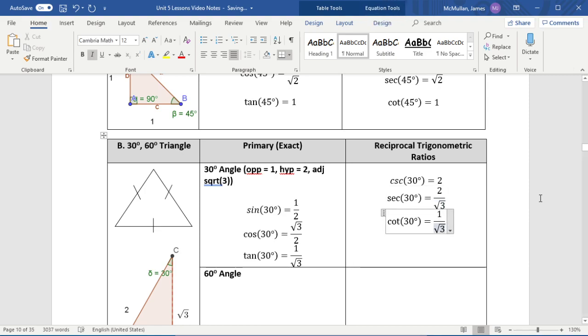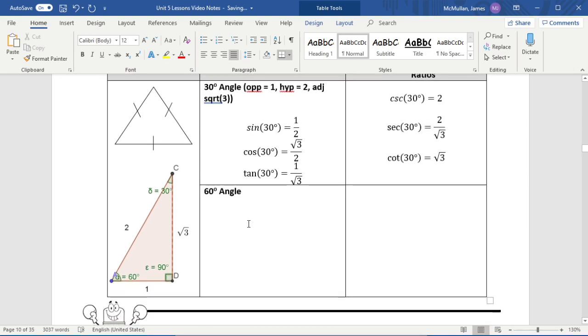And cotangent is just the square root 3 on the top and the 1 on the bottom. Of course, a 1 on the bottom you don't really need to worry about, so we'll just say it's root 3. And those are your reciprocal ratios now for a 30-degree angle. Again, I don't think you need to memorize the reciprocal ones. I would memorize these ones, and then you could always just flip them over when you needed to.